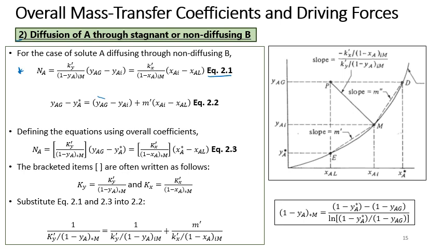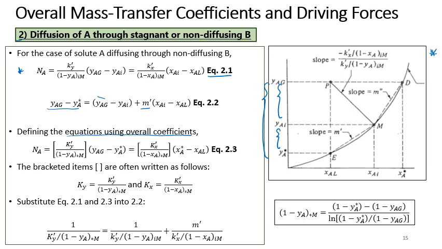And then if you look at this graph here, yAG minus yA star, the distance between yAG and yA star is the distance between this plus the distance between this, replacing this with the m star here, as we have done before. We are not repeating the derivation. Now we are talking in terms of the overall mass transfer coefficient, so let's define the equation using overall coefficients.